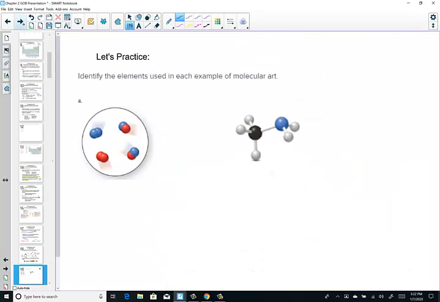So let's practice. Practice identifying each element used in each example of the molecular art. So again, color coding. Do you remember that blue from the page represented the element nitrogen? The color red represented the element oxygen.